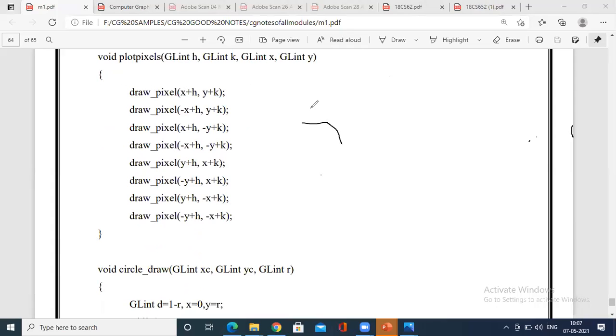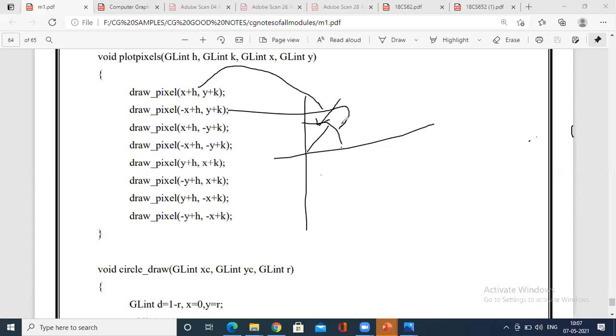First sector, if I divide over here, second sector, this part is x plus h, y plus h. Again, this part is this. Again, the next curve goes here, division here.